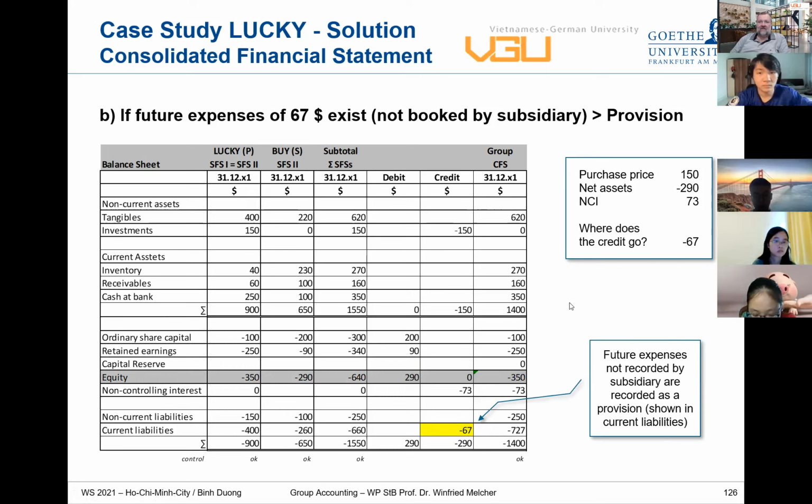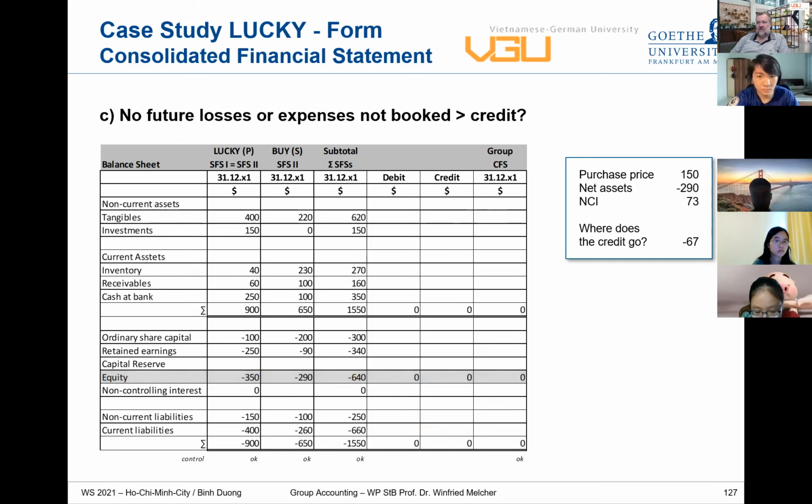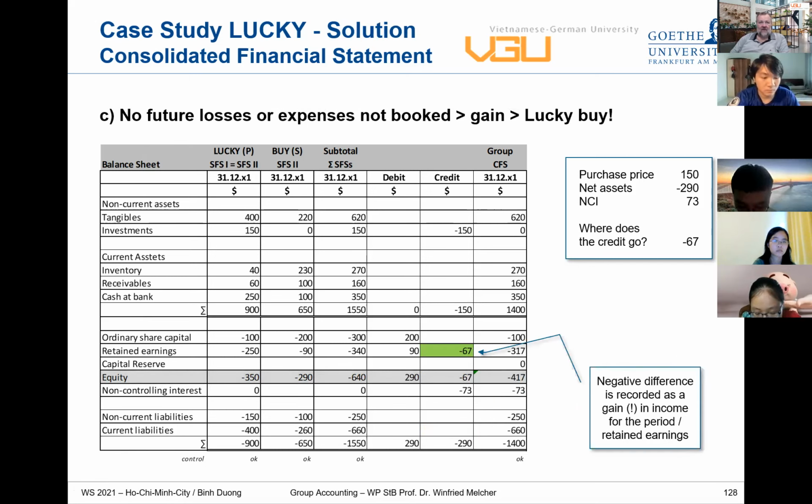And if there is no loss in the future, when we look at the financial planning, when there is no restructuring, when there are no future expenses that are not booked by the investee, well, then the buyer is lucky. In that case, that is a day one gain, which normally does not happen in accounting, but that is one rare case where it does. Then you will have to record a gain that increases the income for the period.